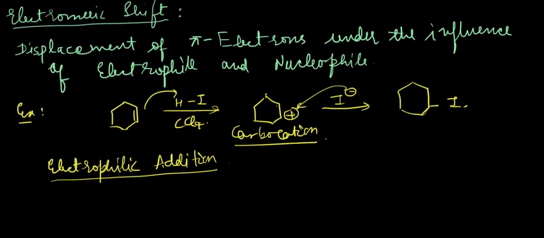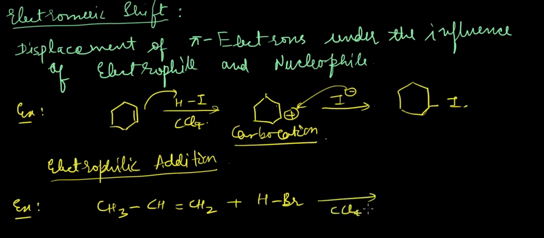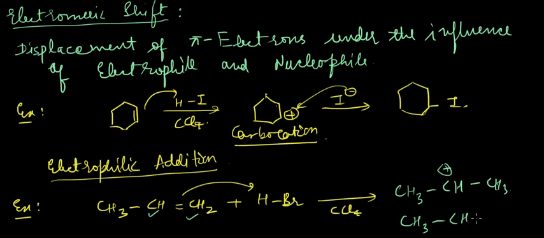Okay, so let us take another example. Here we have the presence of CCl4. So as you know, if the double bond's pi electrons attack this H plus, the positive charge can come on either this carbon atom or this carbon atom. So we can either have something like this or something like this.